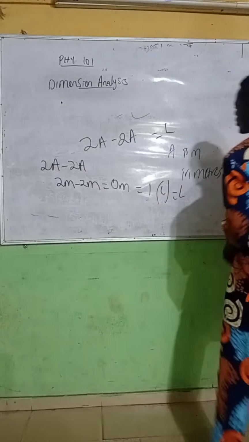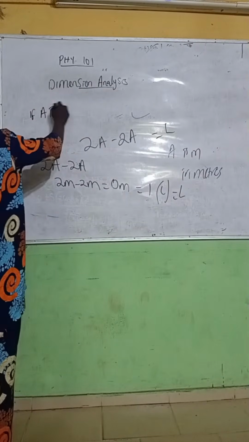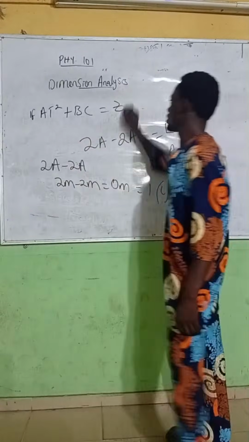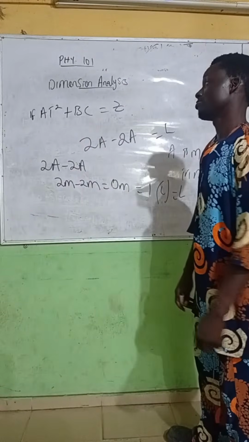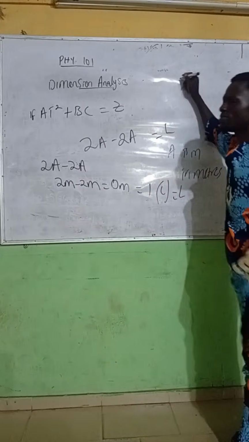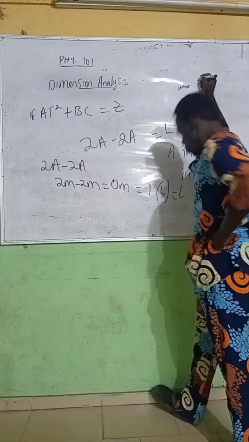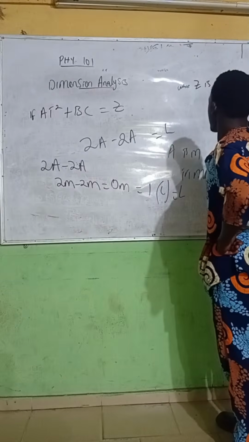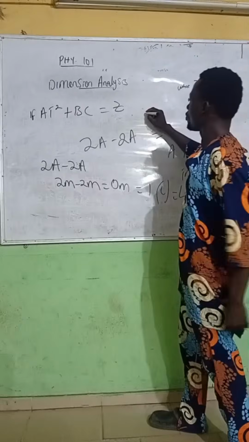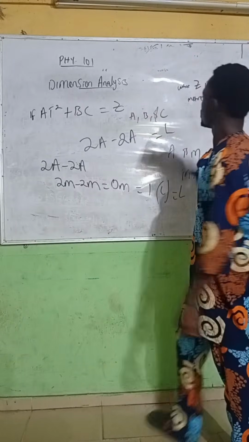Now, if at squared plus bc equals to z, where z is in meters, find the dimension of a, b, and c.